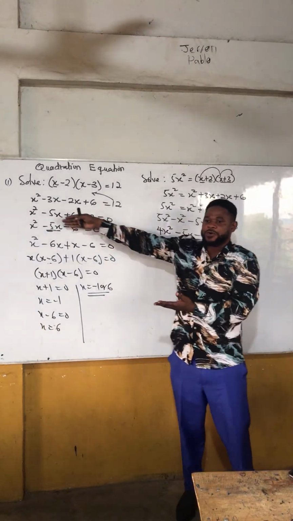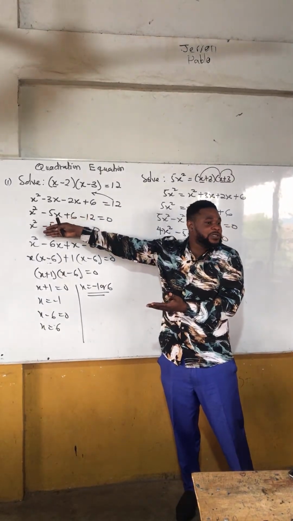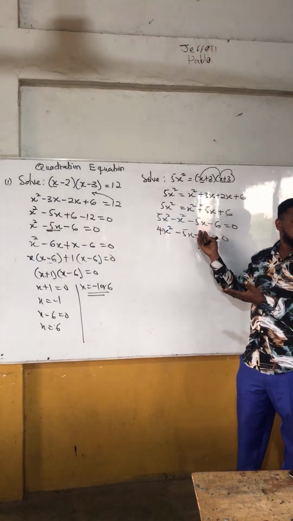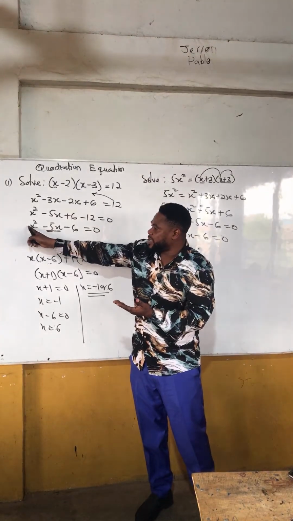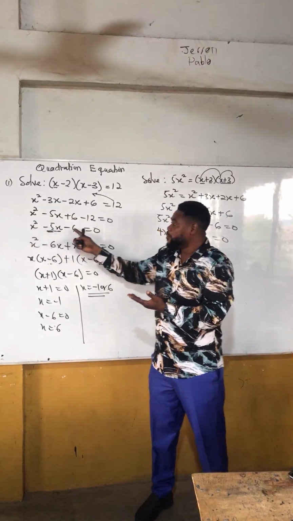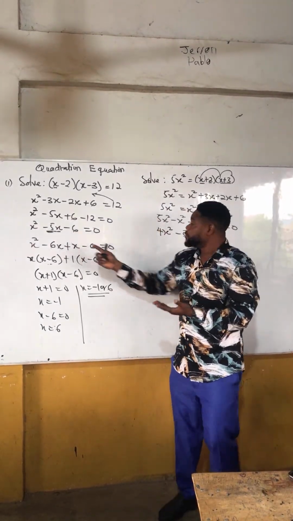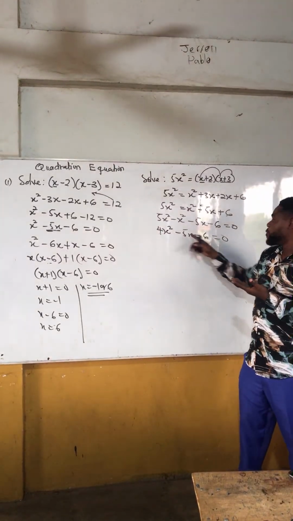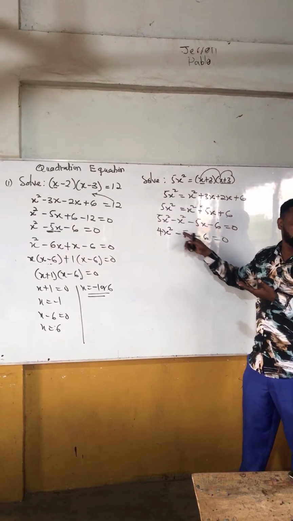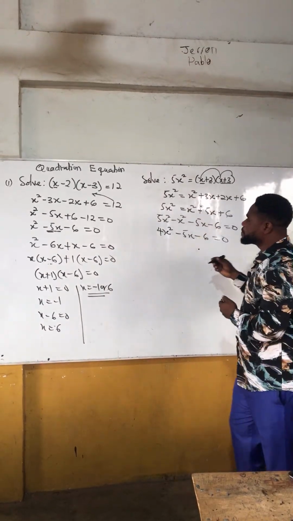The principle we use here, we are going to use the same principle here. What did we do? We use the coefficient of x squared here to multiply our negative 6. Do the same thing here. Use the 4 to multiply the negative 6. And 4 times negative 6 will give us what?